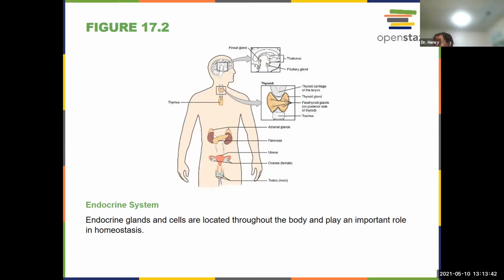And so we know some of the hormones that are made in the various glands. For instance, the pituitary gland here. Here's my annotation.